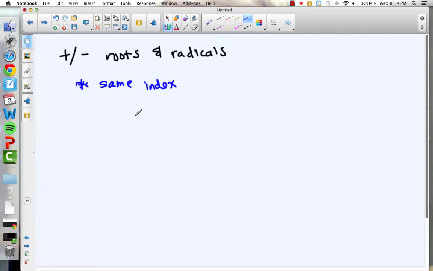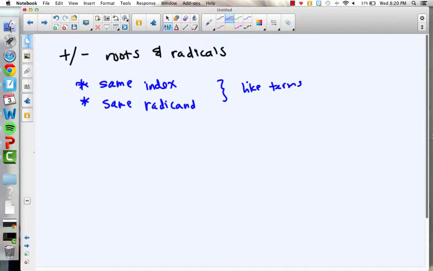So the nth root part has to be the same, and they have to have the same radicand or base. All right. And if they do, then we would call those like terms. And you guys know what like terms are, where we can combine them. So, in a polynomial, it's the same concept. It's just going to look a little different than we're used to.